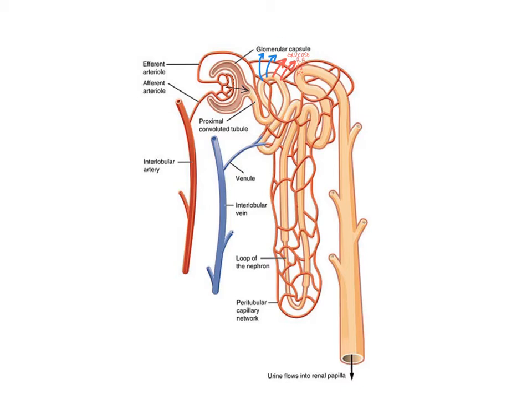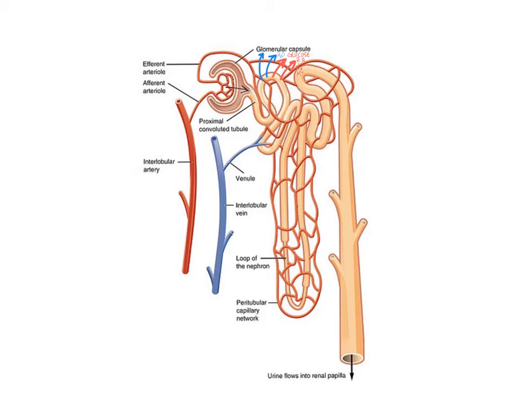As a result, the fluid inside the nephron has a hypotonic relationship with it, and the water's going to want to balance that out to reach isotonicity. So let's draw in the label water. H2O.